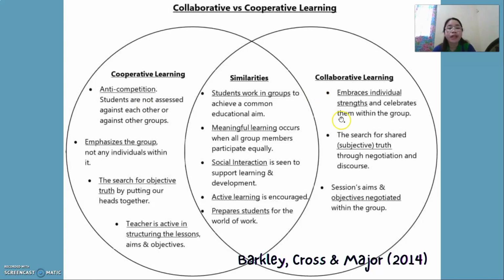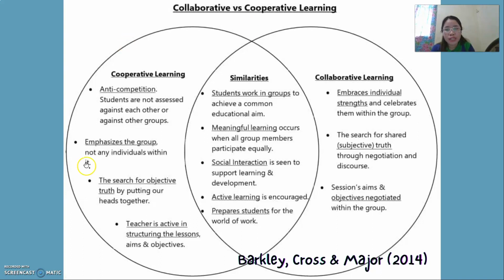So in collaborative learning, they are just going to help each other strengthen their talents and skills. However, the focus is developing or cultivating individual strengths. However, in cooperative learning, they try to progress together as a group.